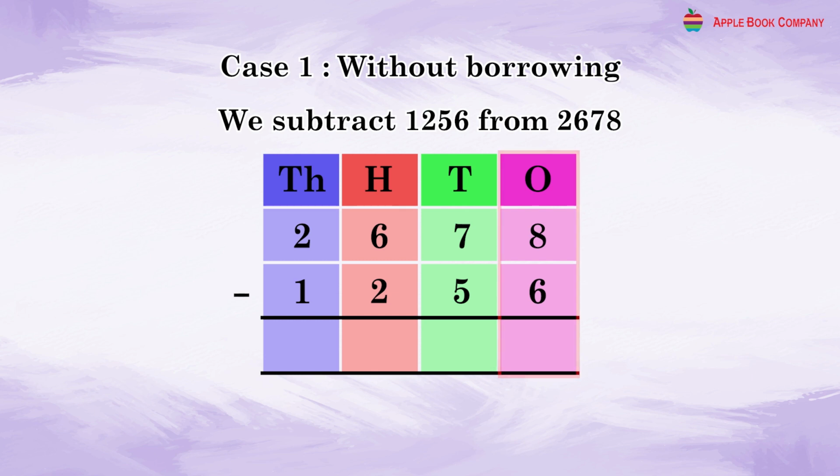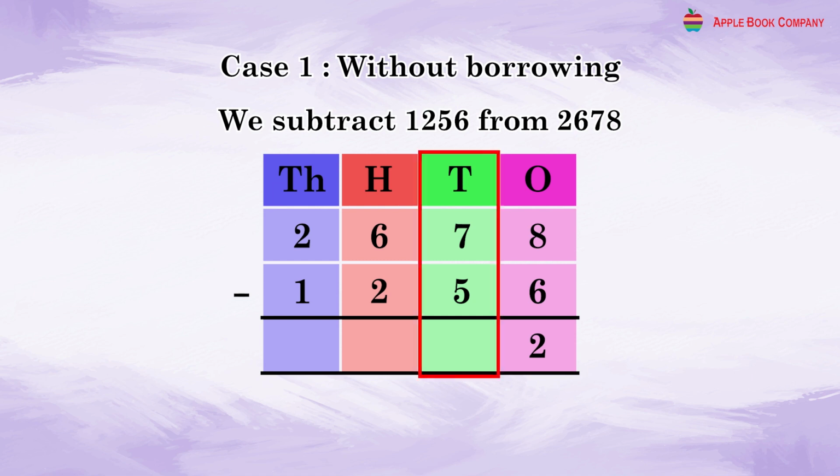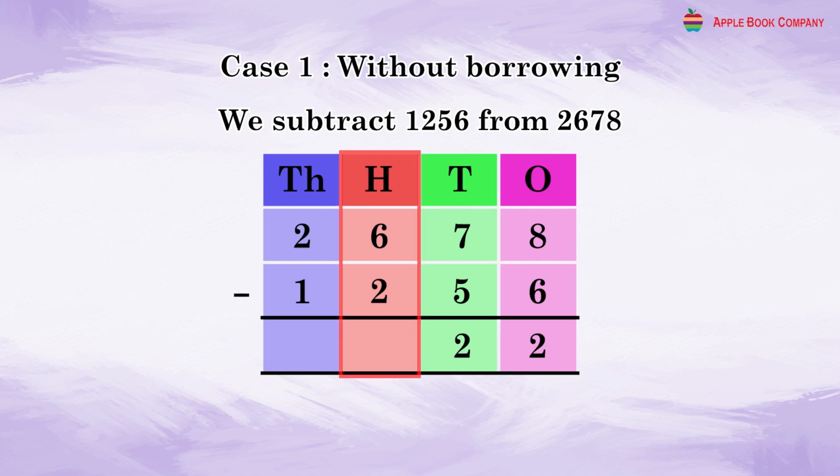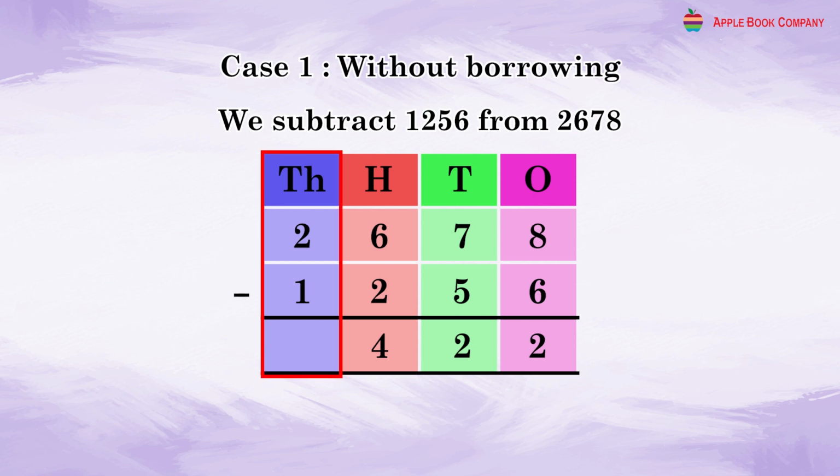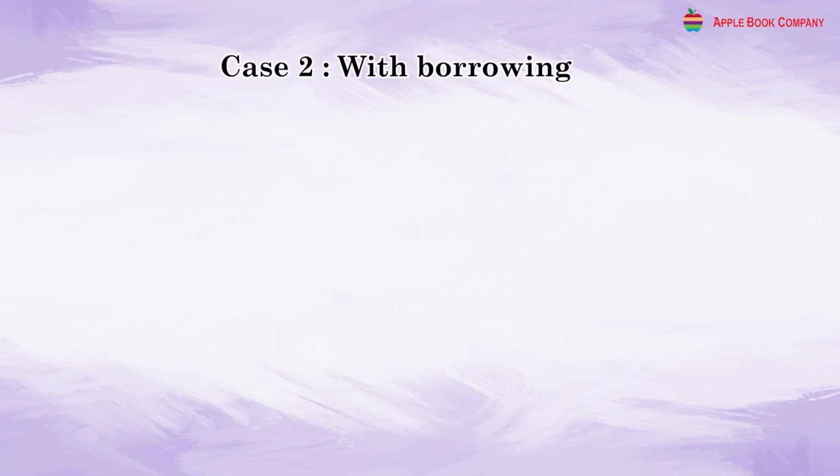Subtract the ones: 8 minus 6 is 2. Next, subtract the tens: 7 minus 5 is 2. Next, subtract the hundreds: 6 minus 2 is 4. Subtract the thousands: 2 minus 1 is 1. So, 1,422 people are left.